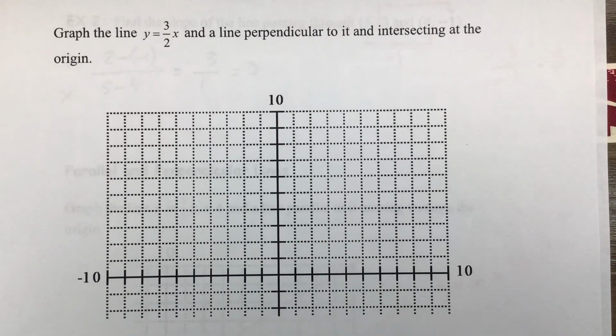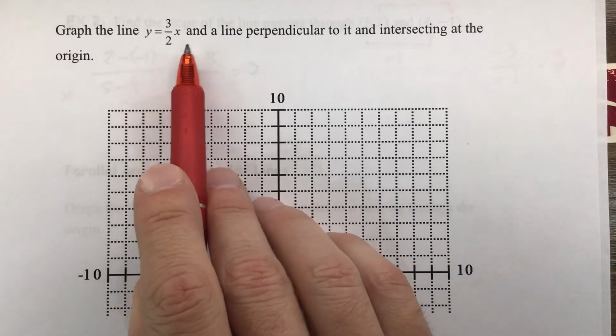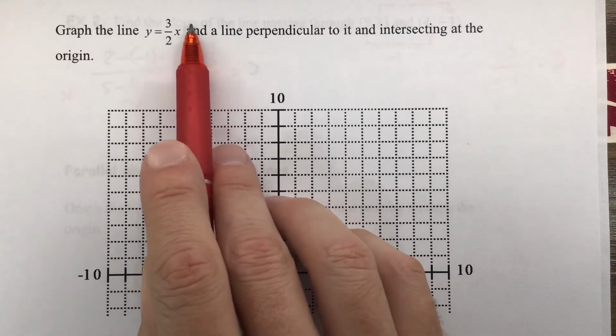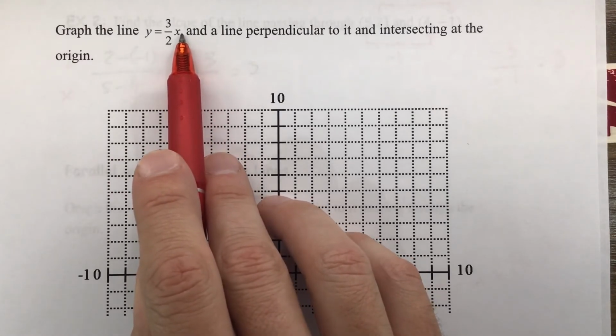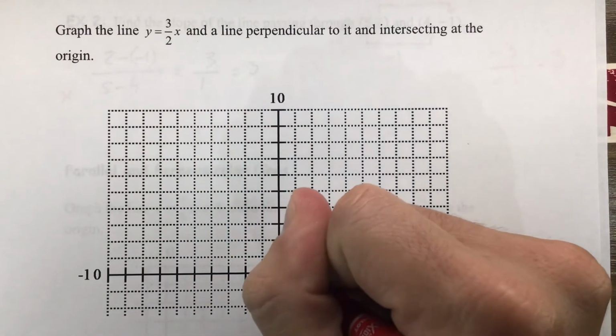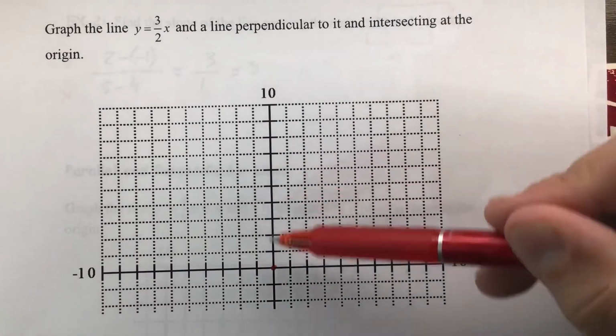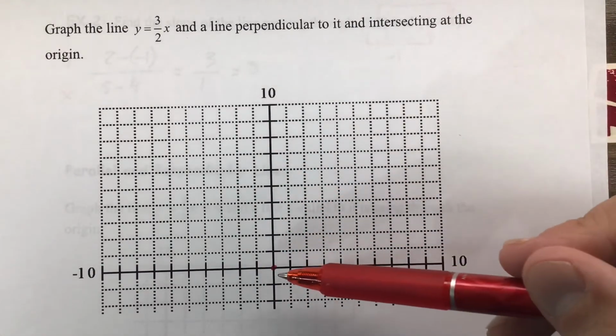So let's see what happens with perpendicular lines. We're going to graph this. This is y equals 3/2x. We don't have a constant on there, which means you can imagine it saying plus 0. So that actually means that the line is going through the origin. If you don't have a plus number or a minus number, then you're just going to sit it at the middle.